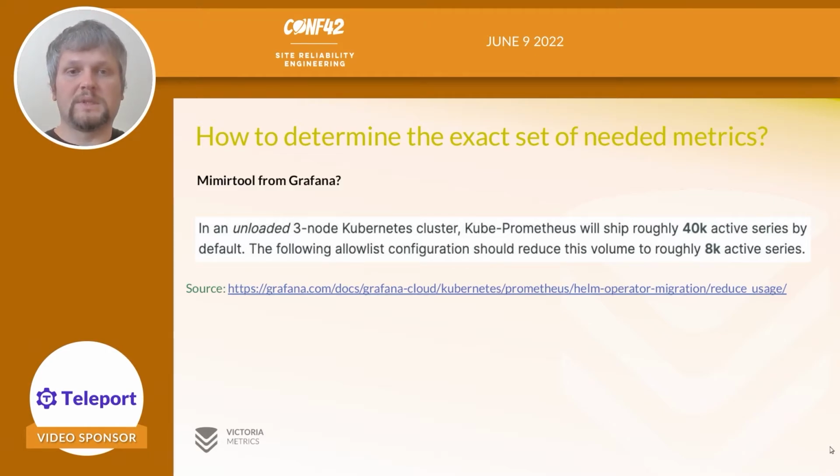For instance, Grafana says that if you have a Kubernetes cluster with 3 nodes, this cluster exposes 40,000 active time series by default. And if you run mimirtool and apply the allow list in relabeling rules, this reduces the number of active time series from 40,000 to 8,000. This means more than 5 times less.